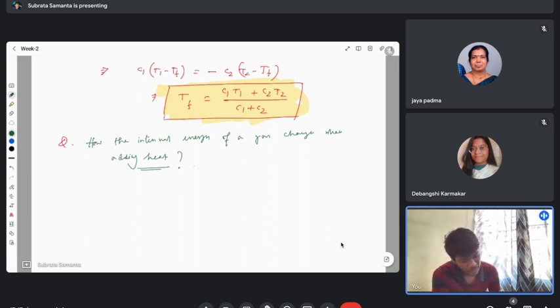So what we learned so far is that for an ideal gas, what is the energy U?